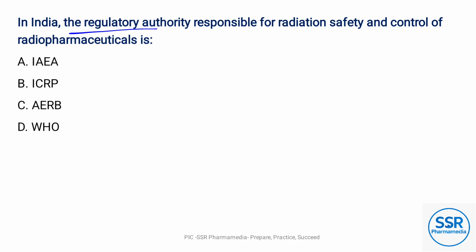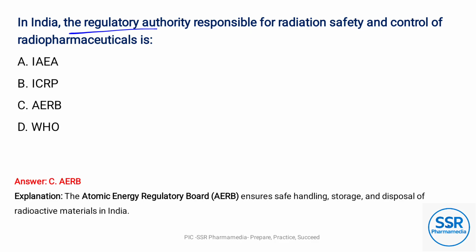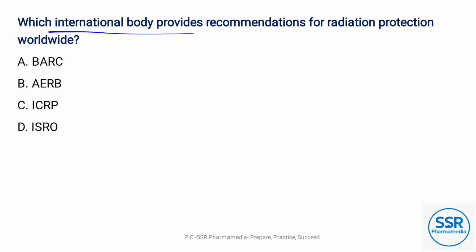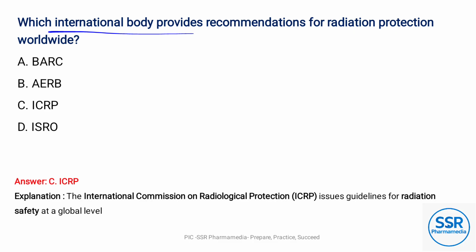In India, the regulatory authority responsible for radiation safety and control of radiopharmaceuticals is option C, AERB, Atomic Energy Regulatory Board. Which international body provides recommendations for radiation protection worldwide? Option C, ICRP, International Commission on Radiological Protection.